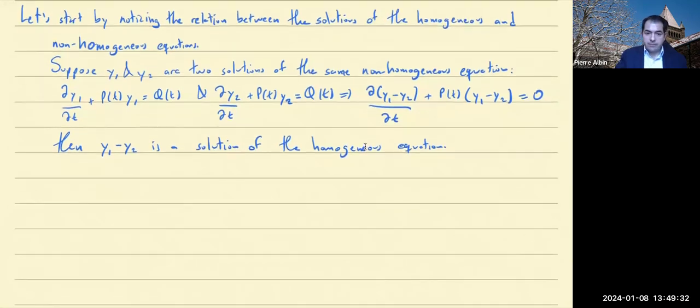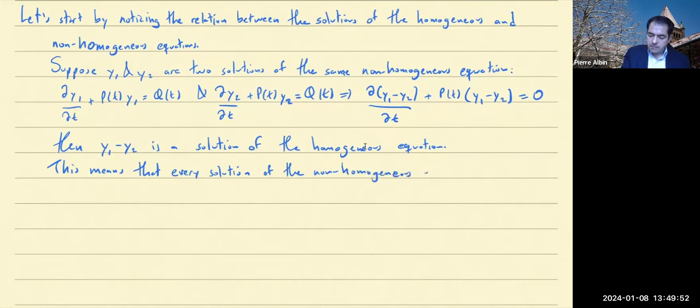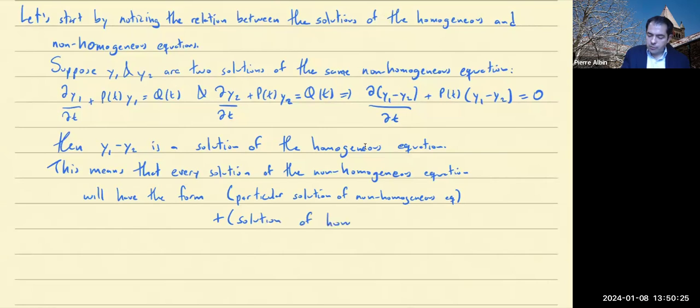Okay, so what does that mean? Well, this means that every solution of the non-homogeneous equation will have the form any fixed particular solution of the non-homogeneous equation plus a solution of the homogeneous equation, right?